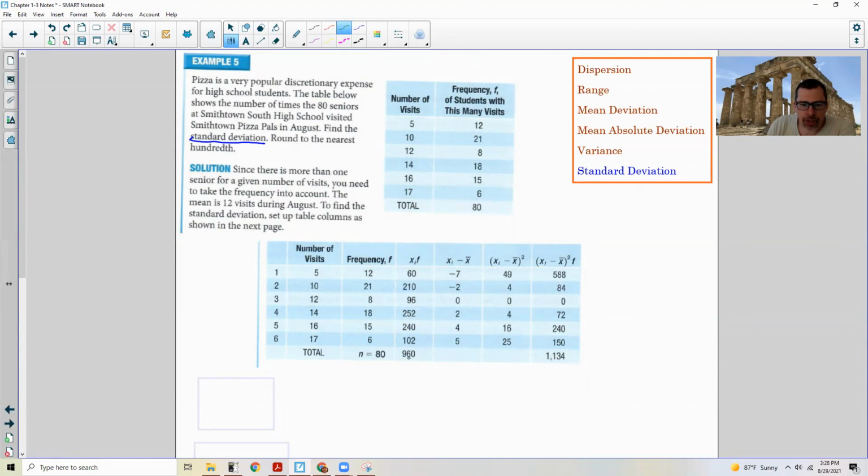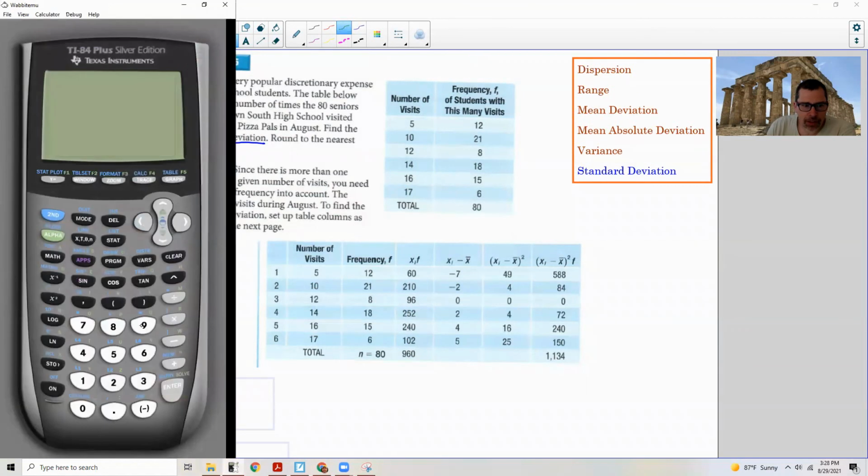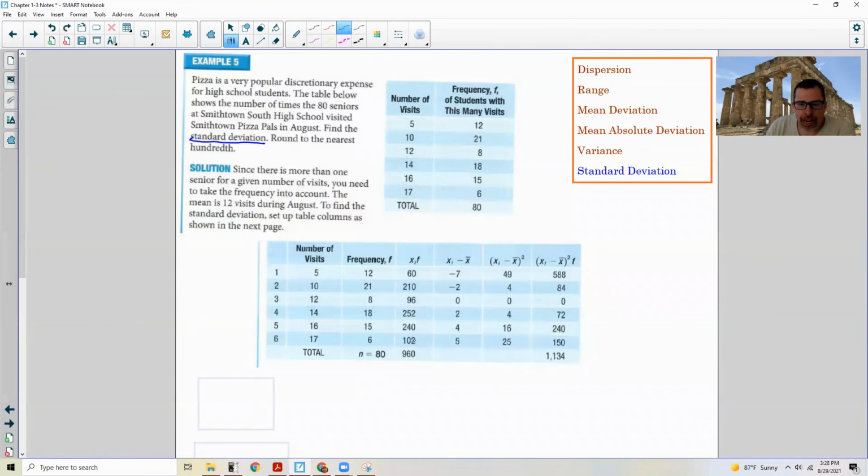Okay, so 960 divided by 80 is 12. Okay. So our average, our X bar equals 12.